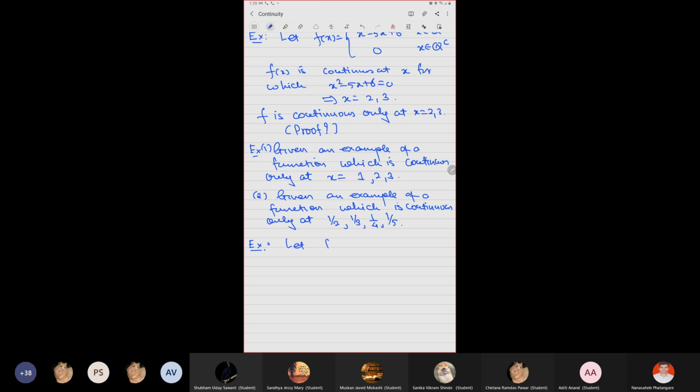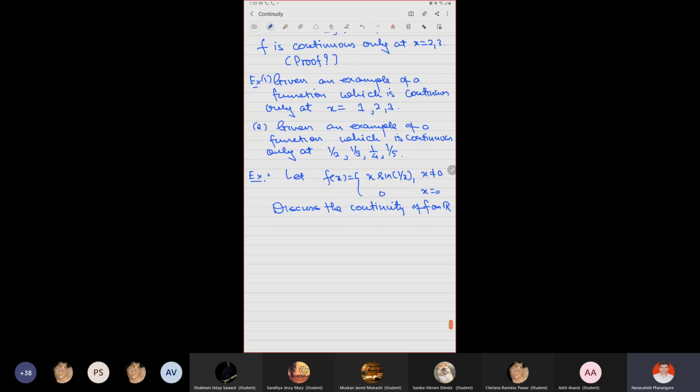Let f of x is equal to x sine 1 by x if x is not equal to 0, and 0 if x is equal to 0. Now discuss the continuity of f on R. How would you discuss?